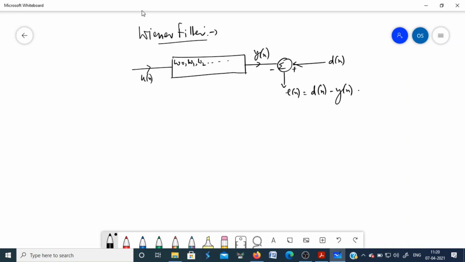The problem was to find the set of filter weights in such a way that this error is minimized in some statistical sense, or we minimize this mean square error.